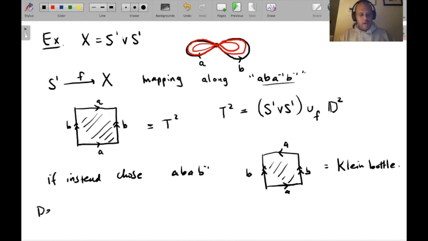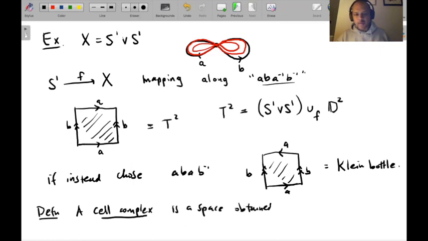So the general definition is, so a space, well, let me say, a cell complex is a space obtained from a discrete set by attaching cells.